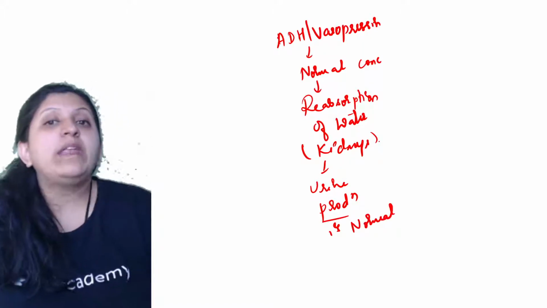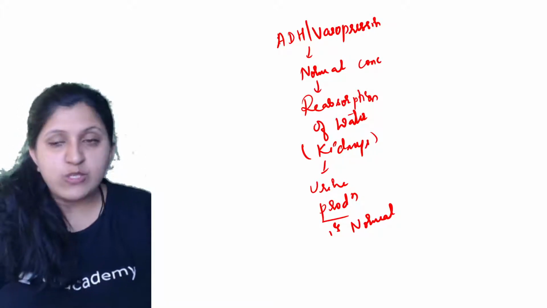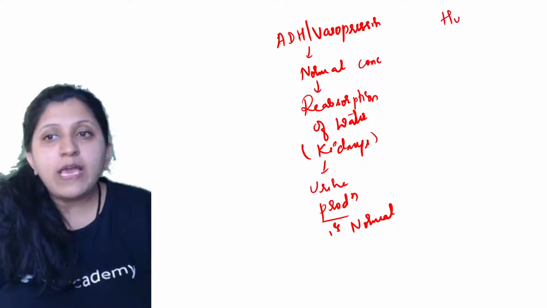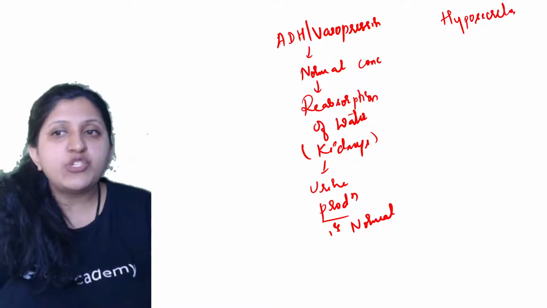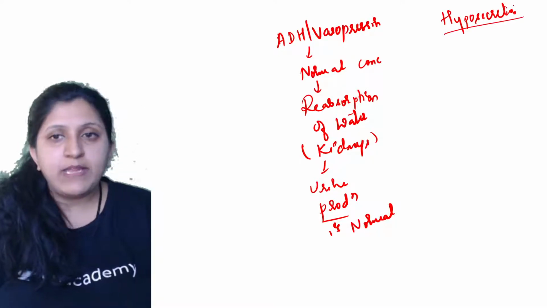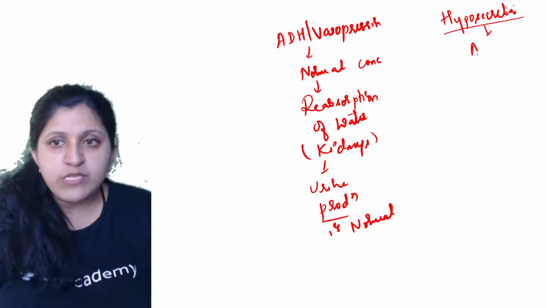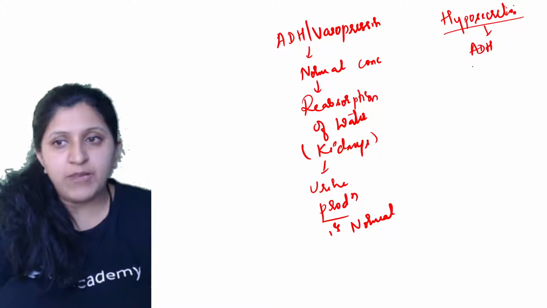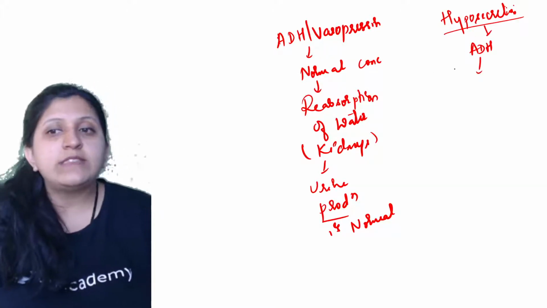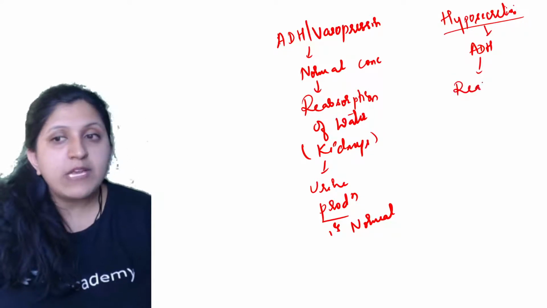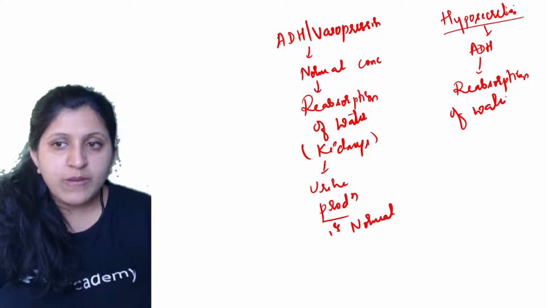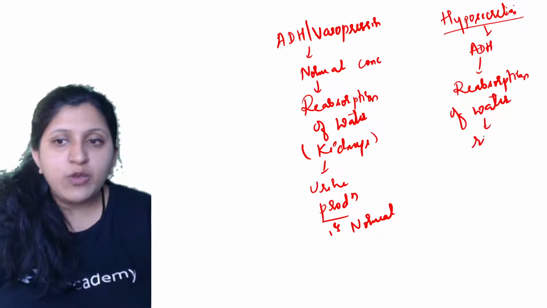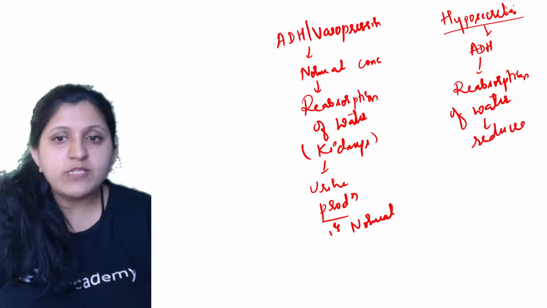But let's say there is hyposecretion, that is, very little secretion of vasopressin is happening. So hyposecretion of ADH is happening. In that case, the reabsorption rate is reduced, so reabsorption of water is reduced.